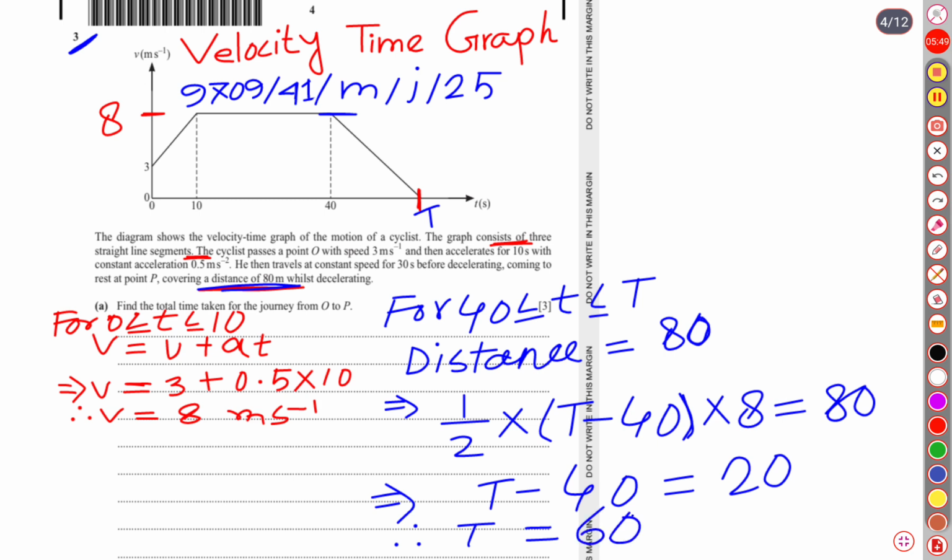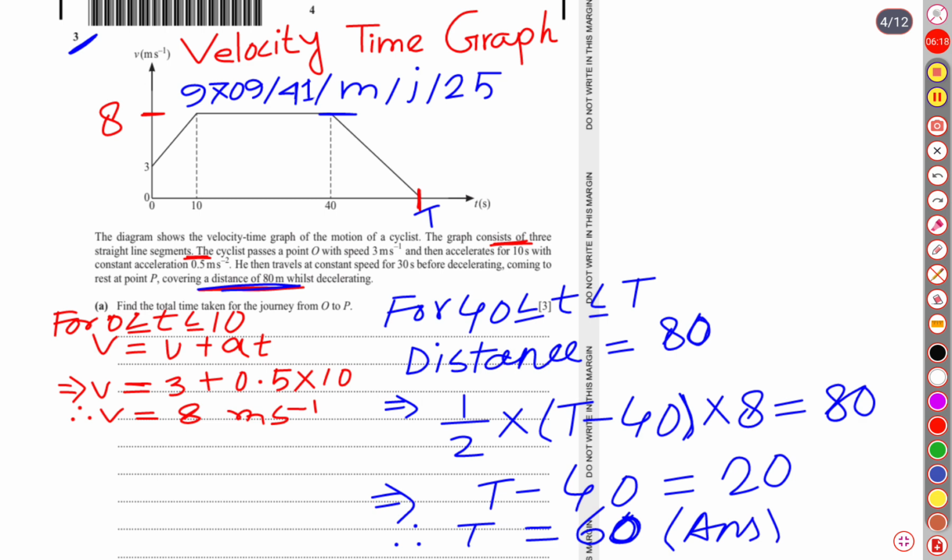That means our final time when the cyclist came back to zero was 60 seconds. They have told us to find the value of T, so second needs not to be written, already it is with the quantity. So that's all about the solution to the first part of this question, and it's not difficult at all. It's one of the easiest questions of the aforementioned topic.